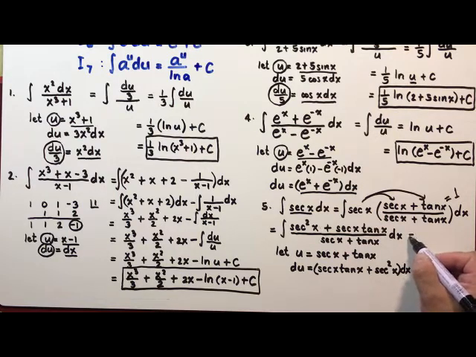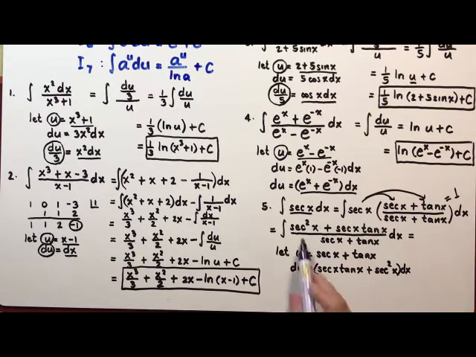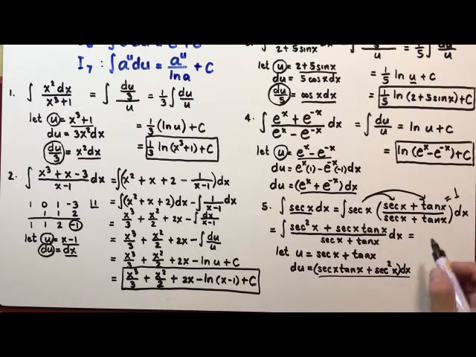Now you realize that in the numerator here, it is just the same with my du. So instead of writing that expression, I will write du because that is its equivalent expression over my denominator, which we set as our u here.